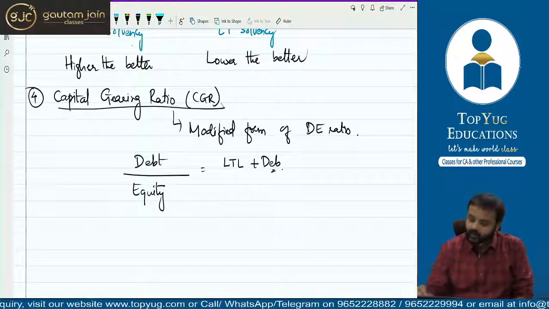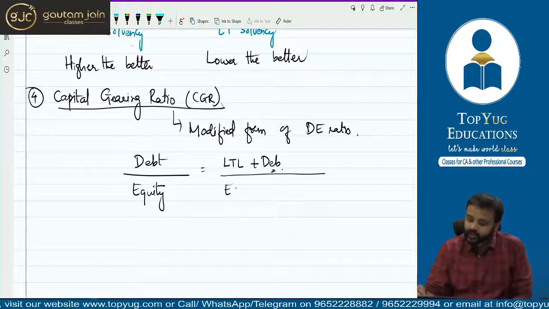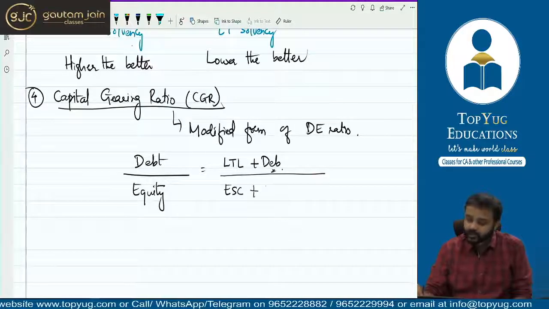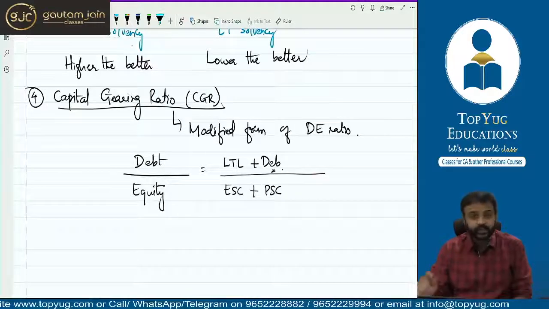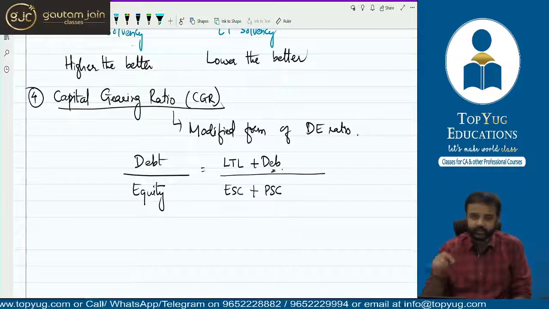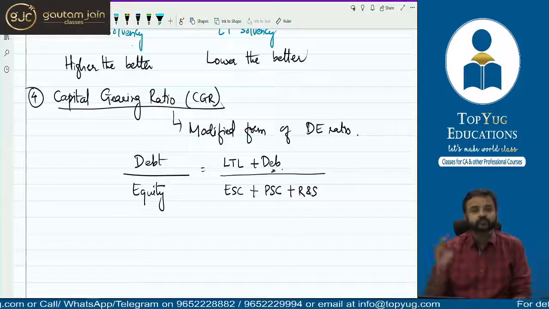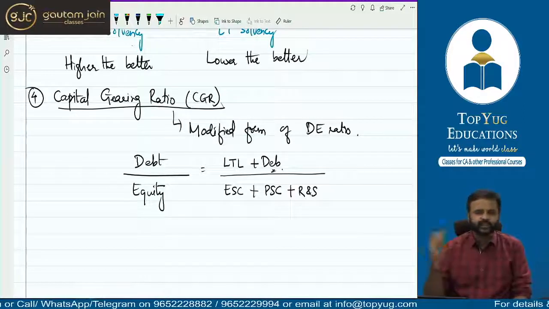Correct? Now when I am talking about equity, we have equity shareholders funds, that is equity share capital, then preference share capital, right? Equity we are talking about. So equity means even going to include preference share capital, plus you will say, sir, some reserves and surplus, minus fictitious assets, that's okay.